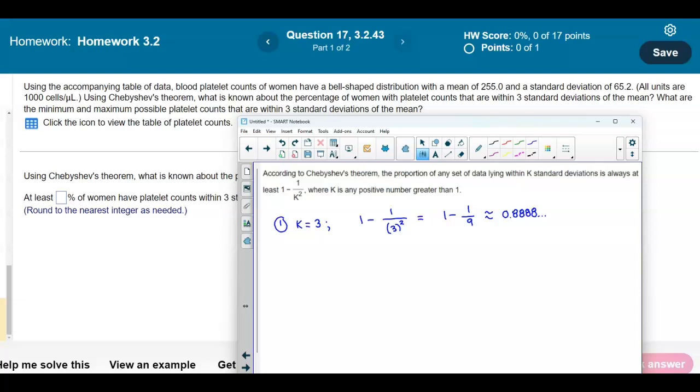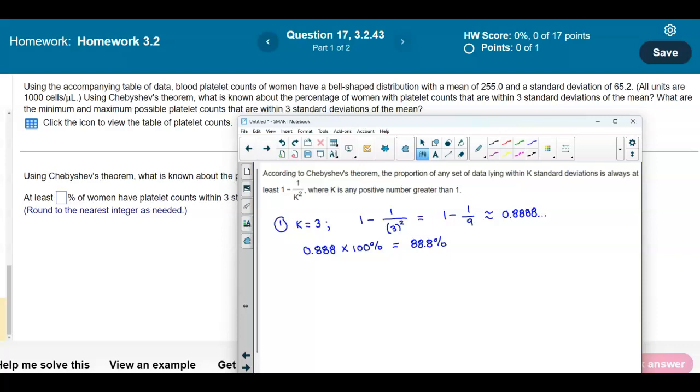Okay, so they want us to round it to the nearest integer. So the first thing we need to do is multiply this by 100%. So we're going to take 0.888, go to 3 decimal places, and multiply that by 100%. And then that's going to give us 88.8%.